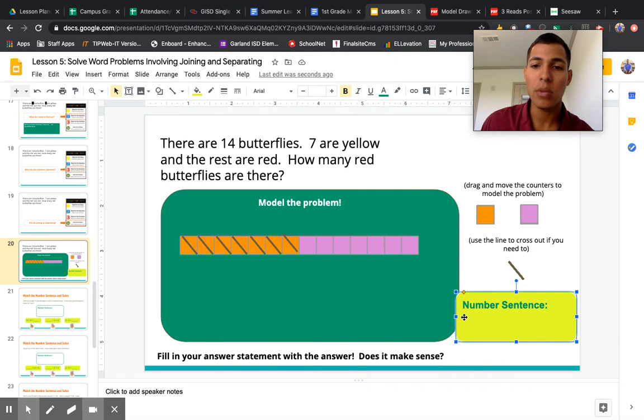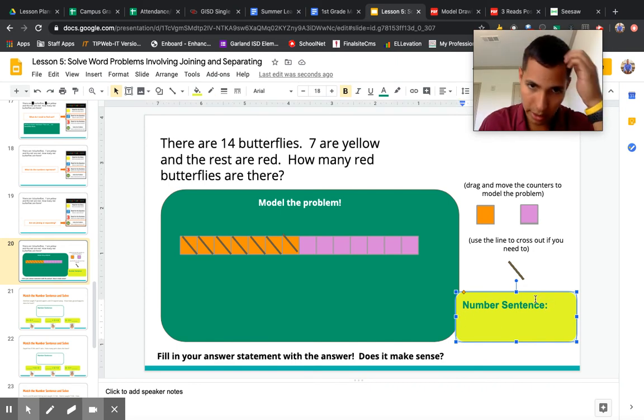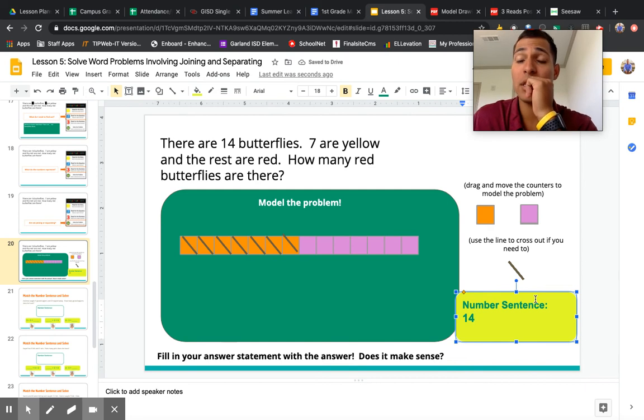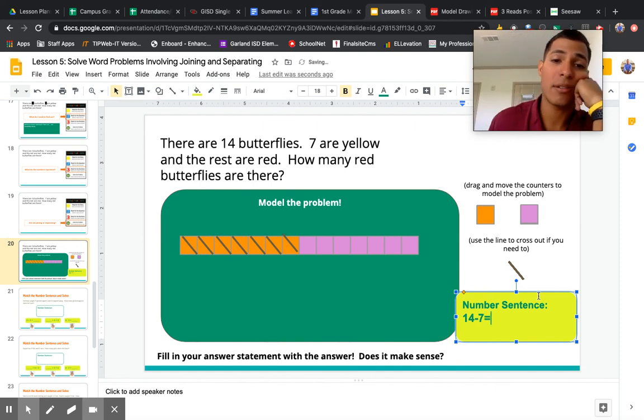So what would a number sentence look like? We have 14 butterflies. And we said this already, we're not adding any. We're getting rid of some, subtracting, right? How many yellow ones do we have? 7. Now we need to find 14 minus 7 is 7.